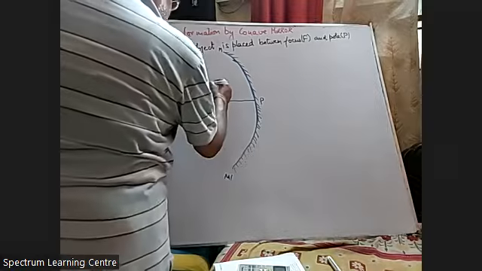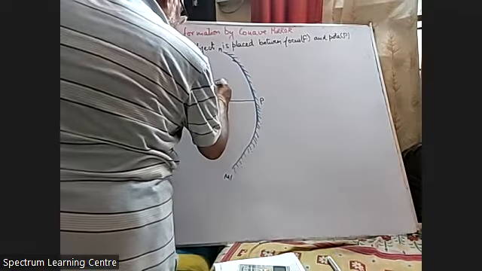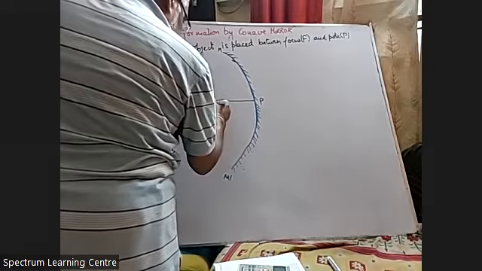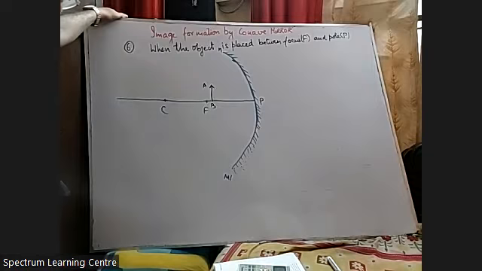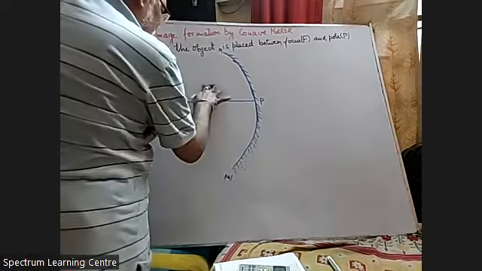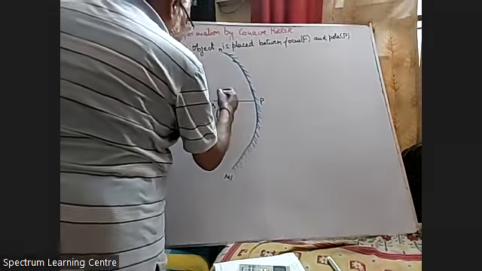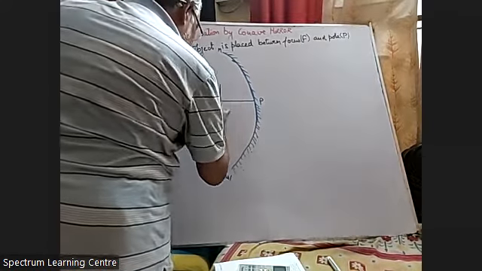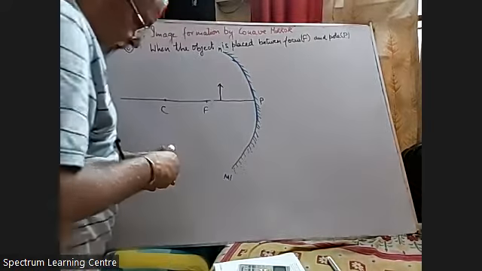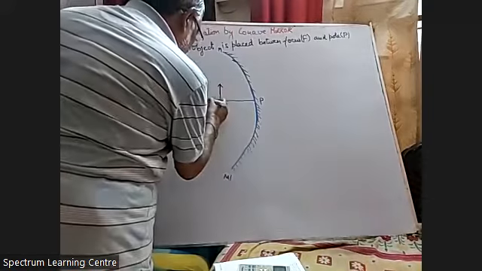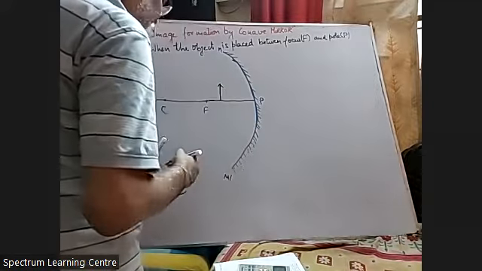Now we have placed an object A, B. Or let me, otherwise you people will be confused. Let the object be here. Right?